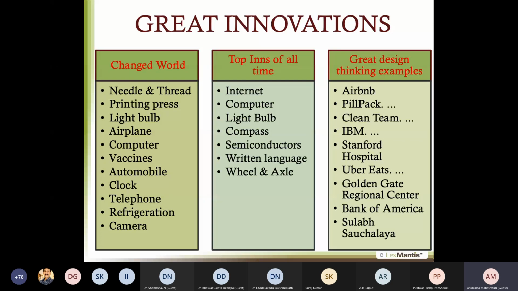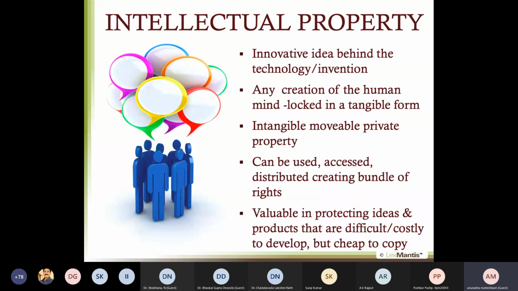Similarly, Uber Eats is very popular in the Western world, while in India we have Swiggy and Zomato, which has changed our lifestyles completely. One of the great design thinking examples that I like to talk about is Sulabh Sauchalay, but I'm just leaving the thought with you and I won't dwell on it and go on to the next slide.